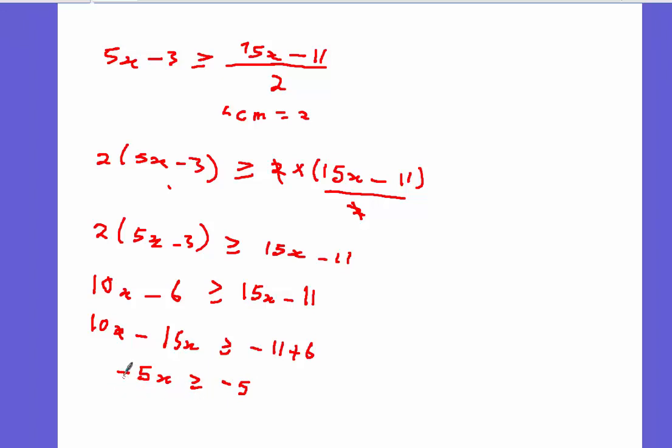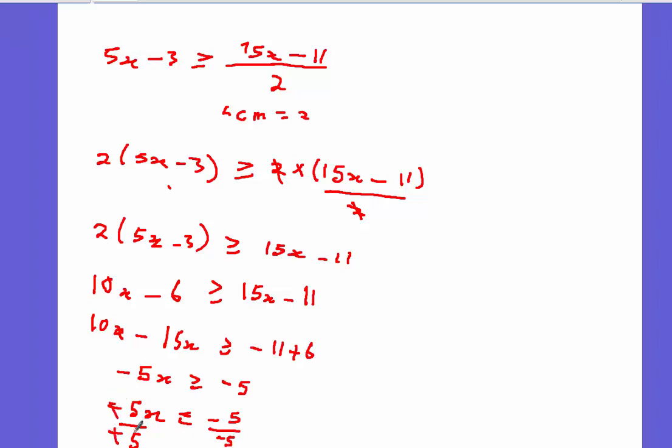So because of this negative sign on the side of 5x, which is the coefficient of the variable, it is going to affect the greater than sign. So I'm going to have negative 5x less or equal to negative 5. Let me divide here by negative 5, divide here by negative 5.